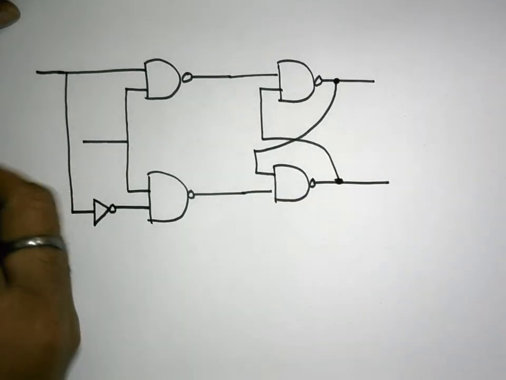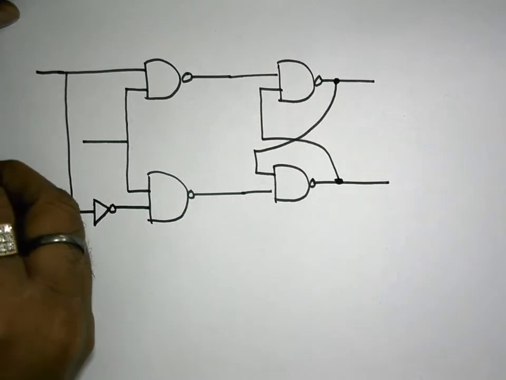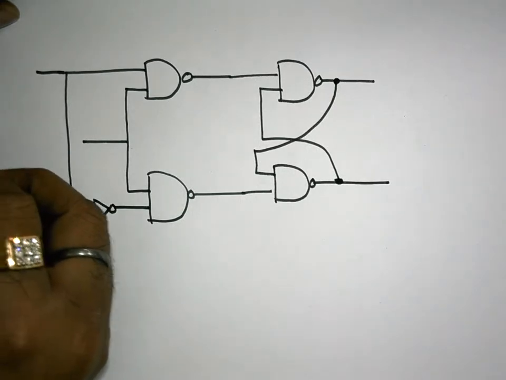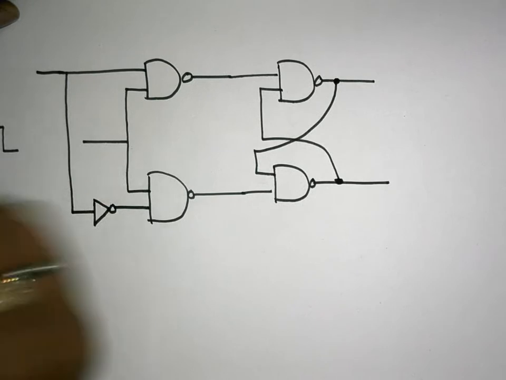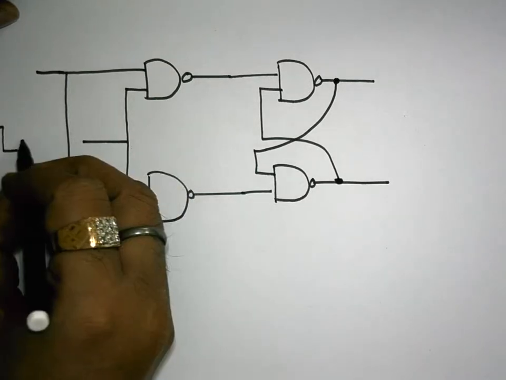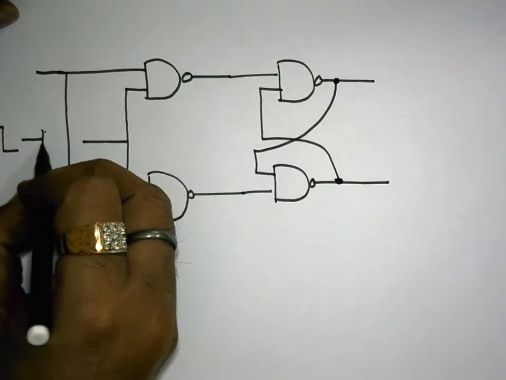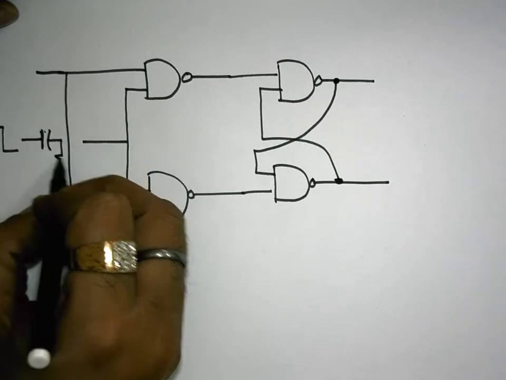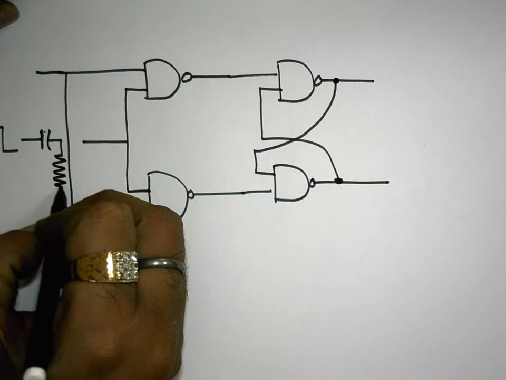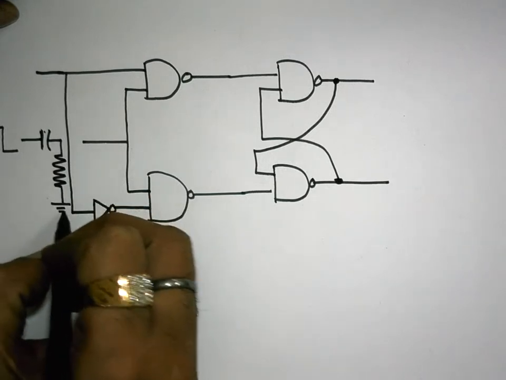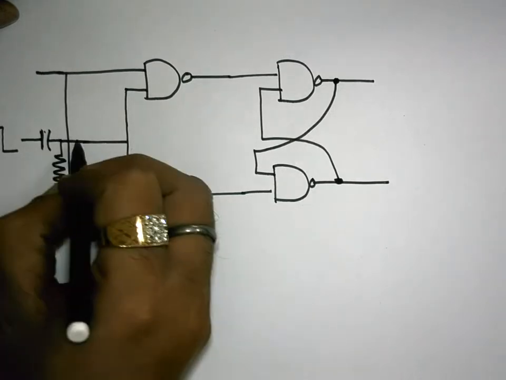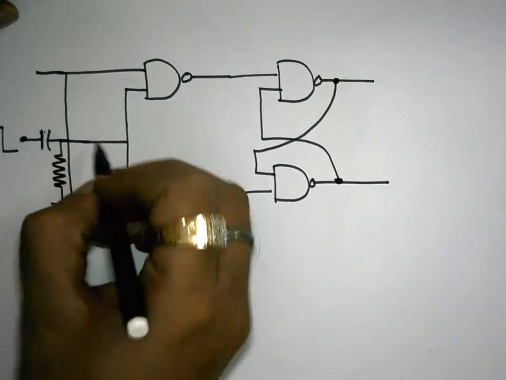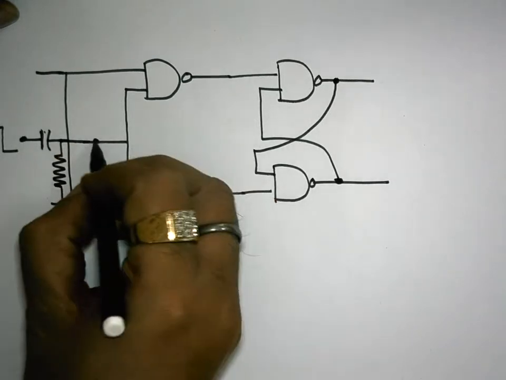Now suppose we are applying a clock input like this to this circuitry, but we insert a circuit having capacitor and resistor. A block of this circuit has been inserted in between this point and this point.